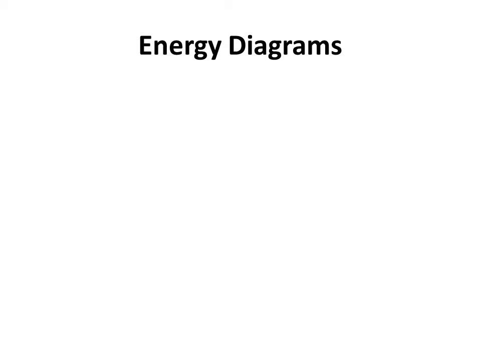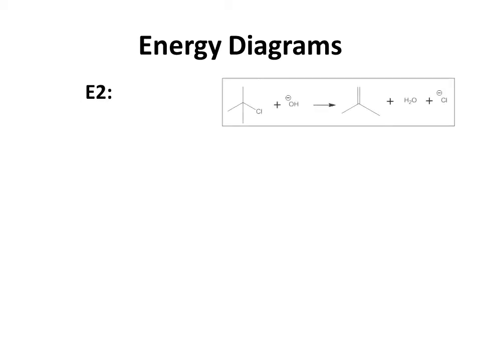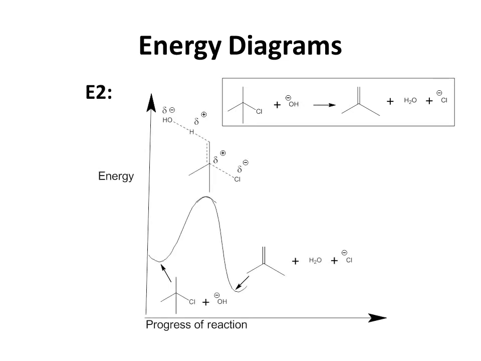In the energy diagram for the E2 reaction, we'll use as our example the reaction of 2-chloro-2-methylpropane with hydroxide, which is a strong base, to form the alkene plus water and chloride anion. Our energy diagram, and again, just like SN2, only has one hill, because there's only one transition state, there's no intermediate.